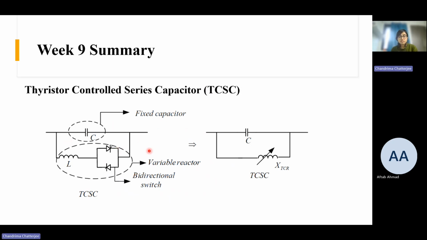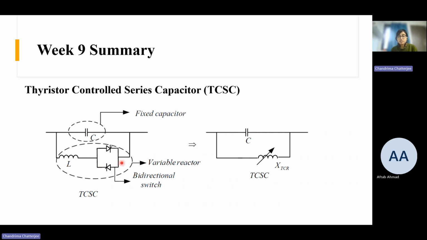So this is the basic structure of TCSC. This is the line, and here there are two branches. One is for the capacitor, another is an inductor along with the thyristor switches.